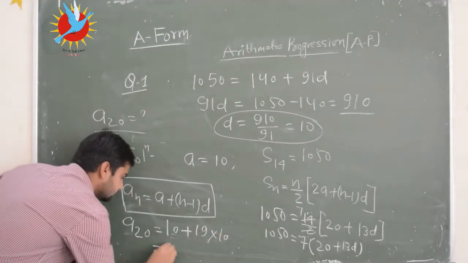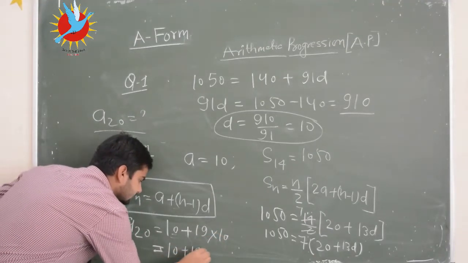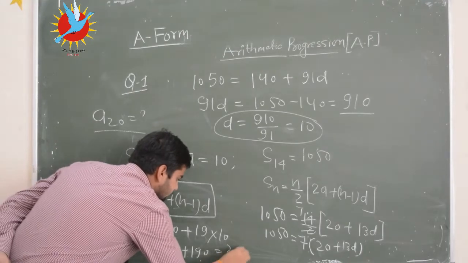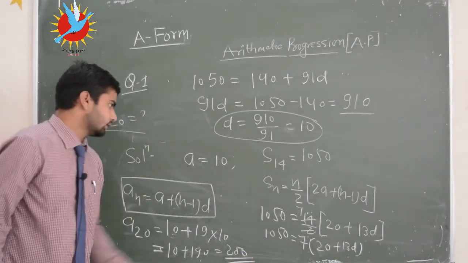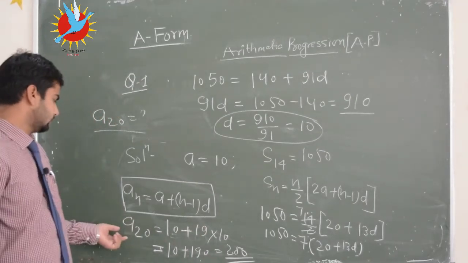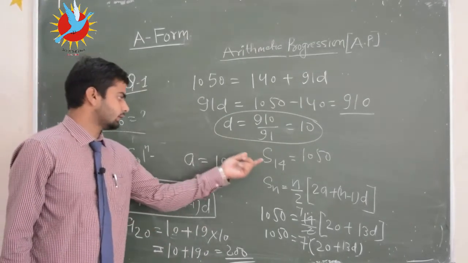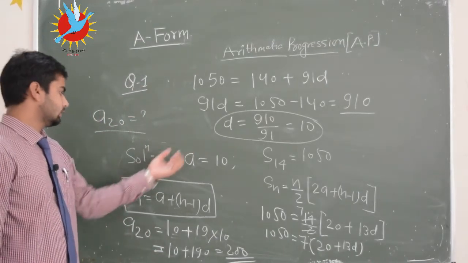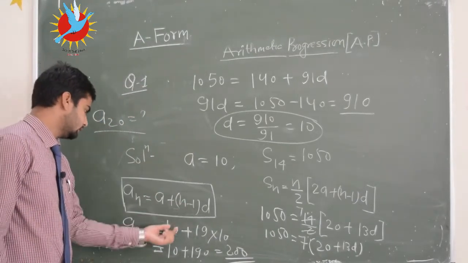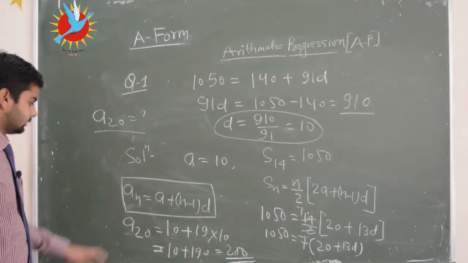So this will be 10 plus 190, that is 200. So this is our final answer: a20 equal to 200. For this question we first calculated d by using the formula for Sn, and then we put all the variables a, n and d here and calculated an equal to 200.